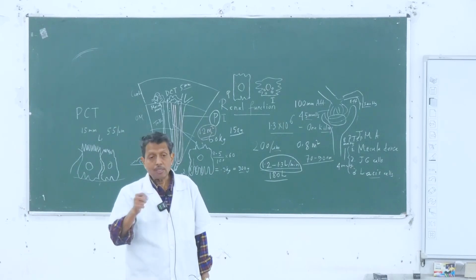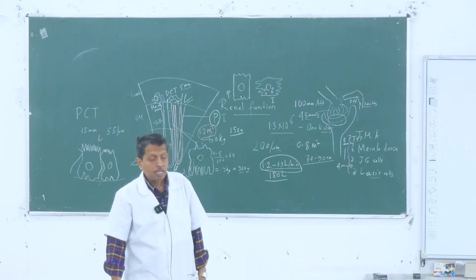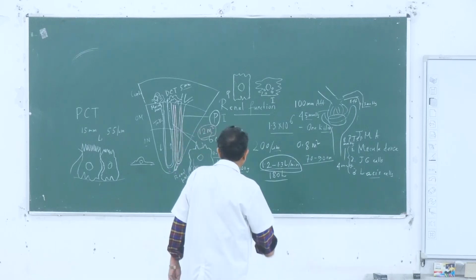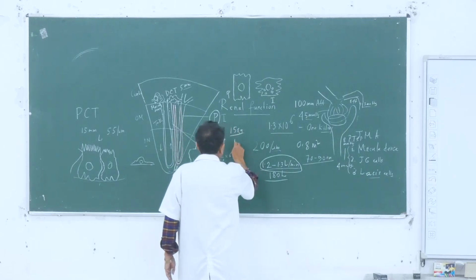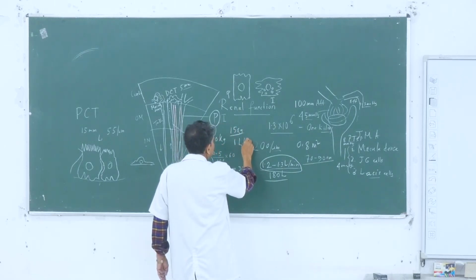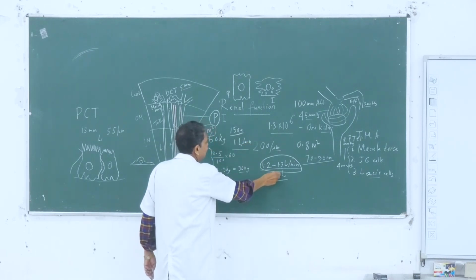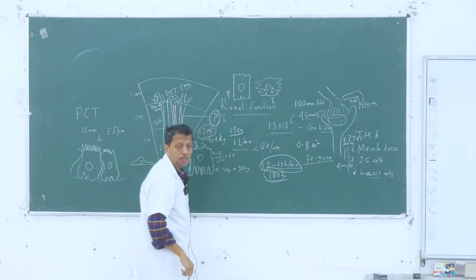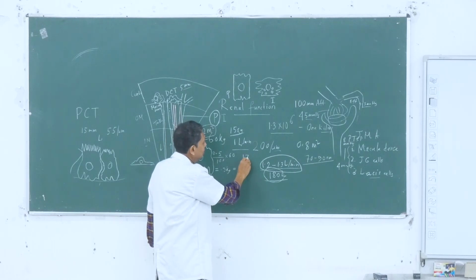And there is a requirement for this reabsorption, because the filtration is 1 liter per minute, so 180 liter of fluid is produced per day, and 179 liter per day is reabsorbed.